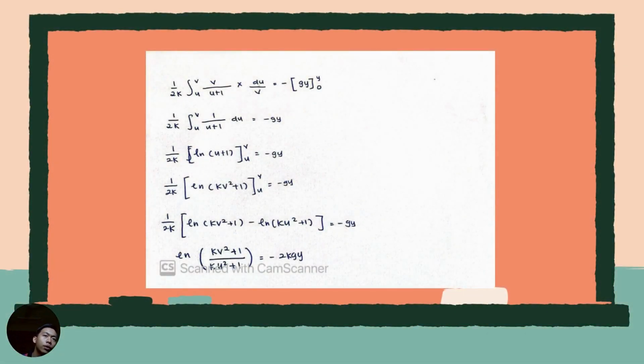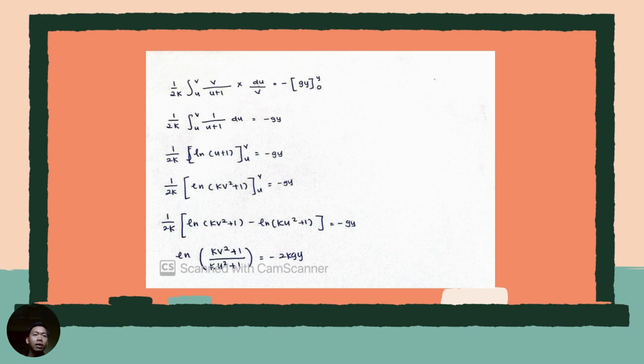So next, 1 over 2k integrate with the limit of v and u, v over u plus 1 times du over v. So it is equal to negative gy with the limit of y from 0. Next is 1 over 2k with the limit of v and u, 1 over u plus 1 du is equal to negative gy.